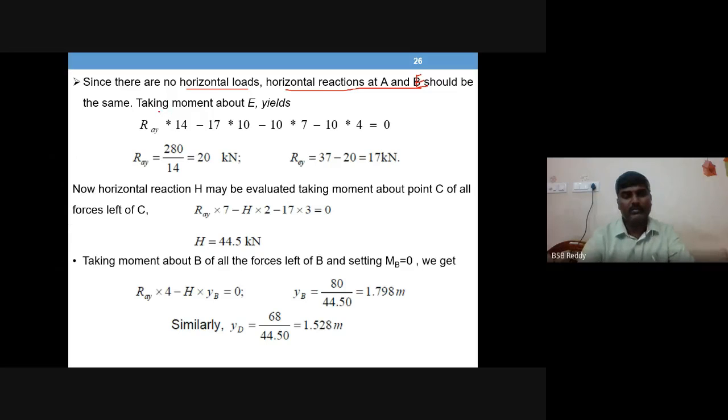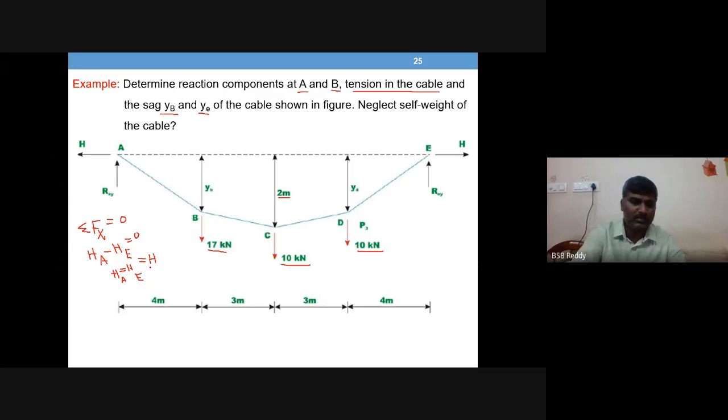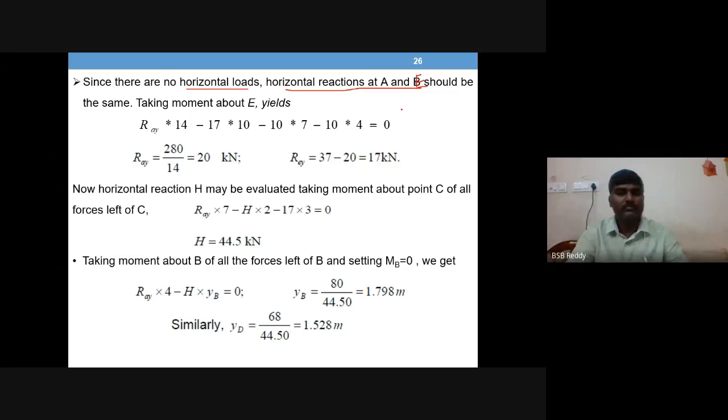Now what next? Take one of the supports and work out the vertical reaction. You need vertical reactions now. So we have got some information on horizontal reactions. So that's over. Then what next? VA or VE you have to solve. So how do you do that? Take moment about E of all the forces.